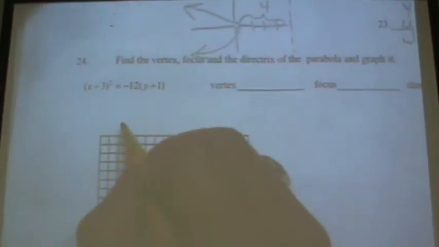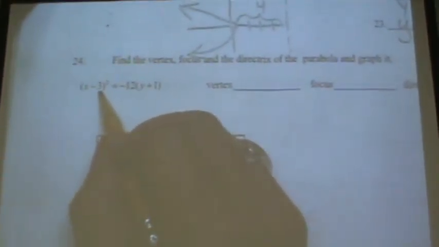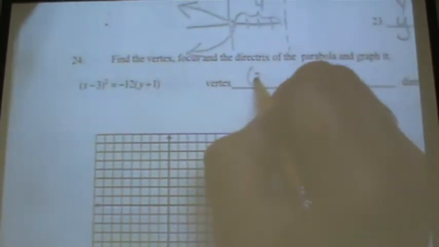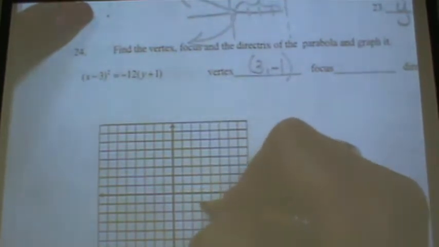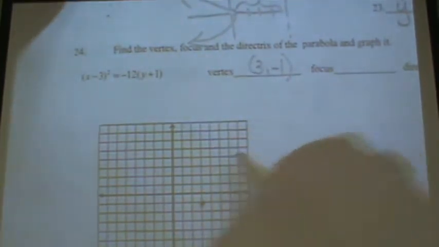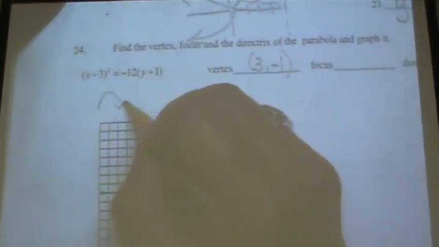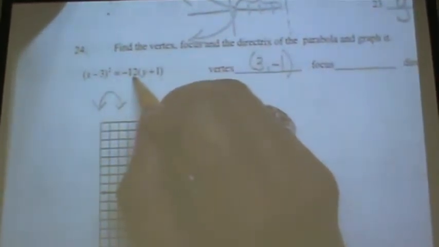Let's start with the vertex. It's the opposite of this, opposite of that. So 3, -1. Where's 3, -1? Right there. Now this one is going to be upside down. How do I know it's upside down? Because of the -12 here.